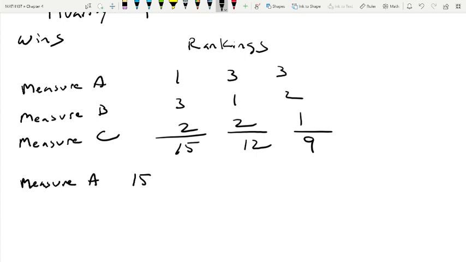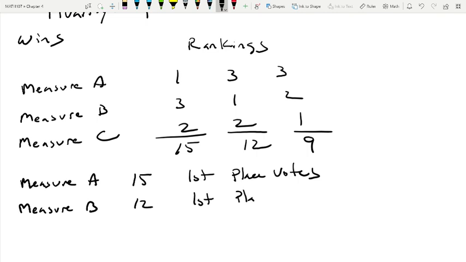got 15 first place votes. Measure B got 12 first place votes, and measure C got 9 first place votes.